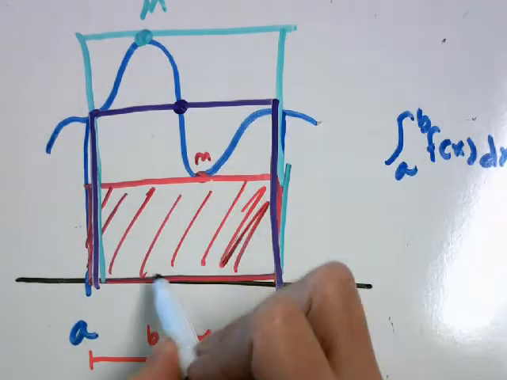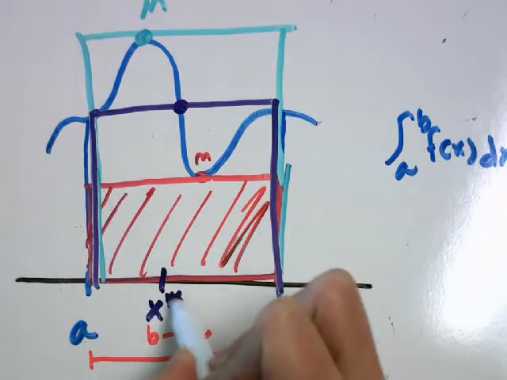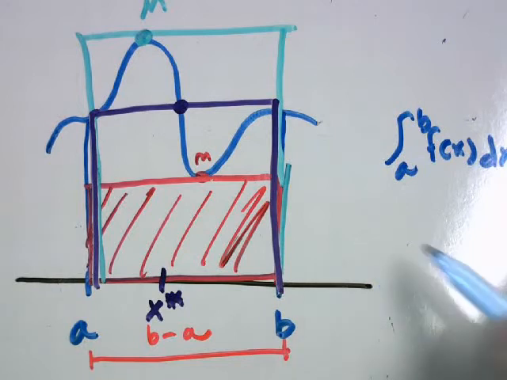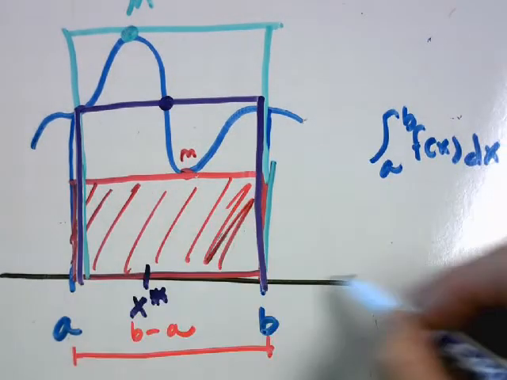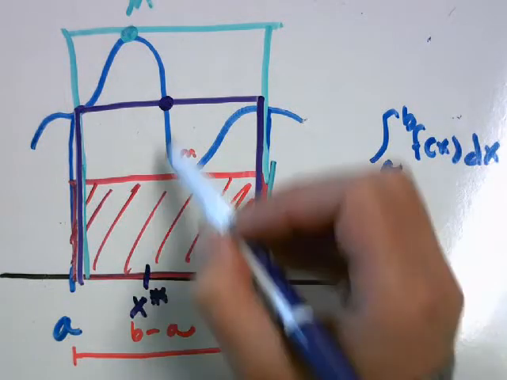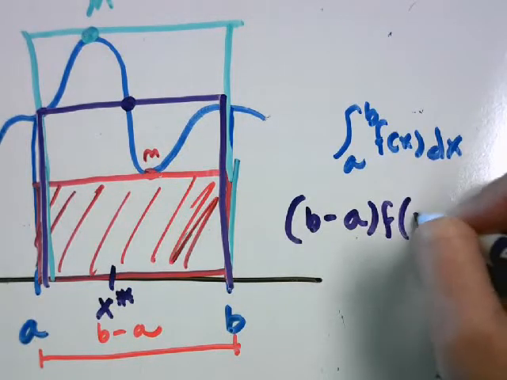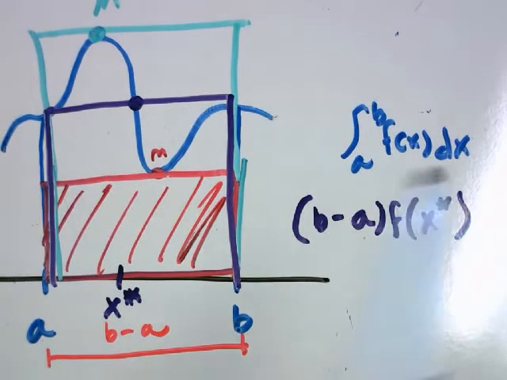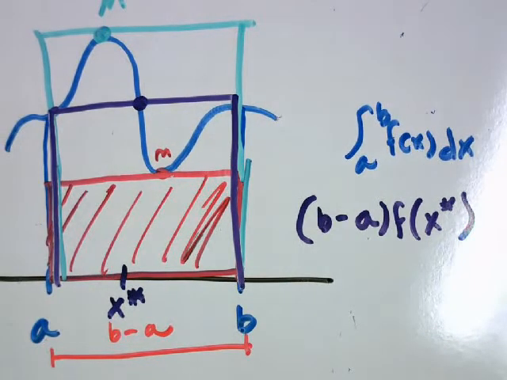We're saying there's some value where the area of this rectangle, which would be the base distance here, b minus a, times the height here, which would be the function evaluated at that x star, that rectangle area is equal to the integral area.